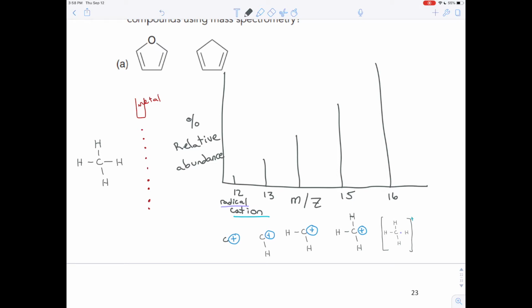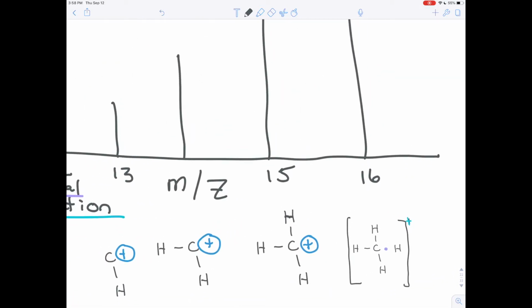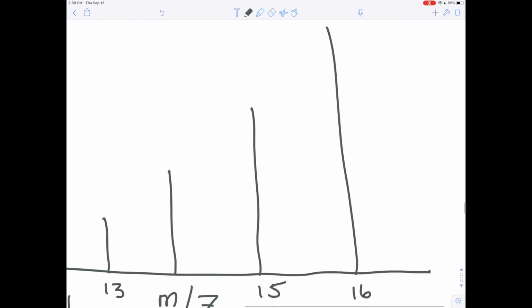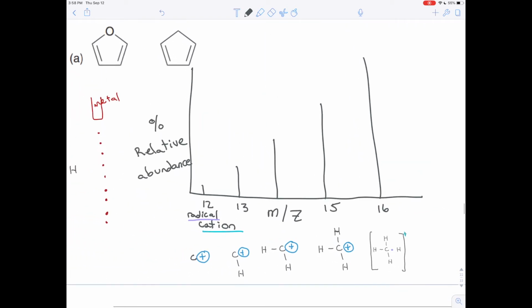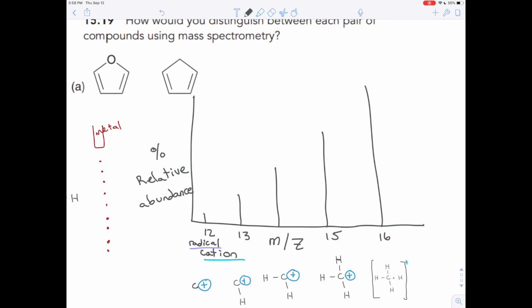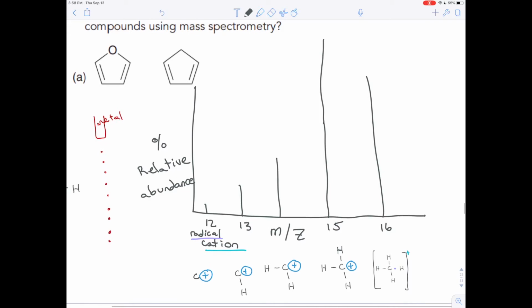Sometimes it's the highest peak, sometimes it's not. I mean, none of these are really stable, but this also is very often not stable. But in the case of methane, it happens to be the highest peak. Just for the sake of illustration, I'm going to say this other peak is the highest peak, although in the true spectrum of methane, that radical cation is the highest peak.